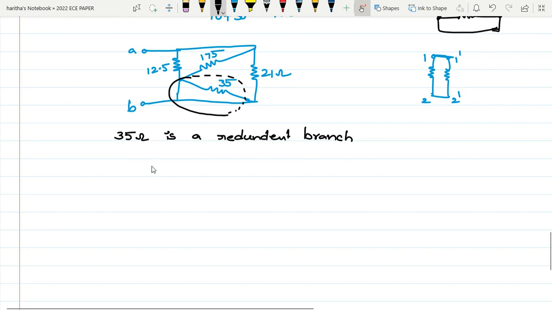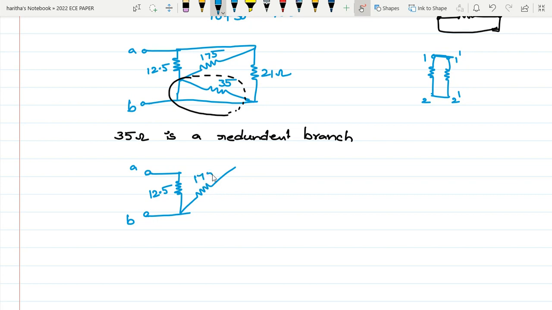So you can neglect and redraw the circuit. This is 12.5. So 35 ohm, I'm removing it. So only I'm drawing 175.